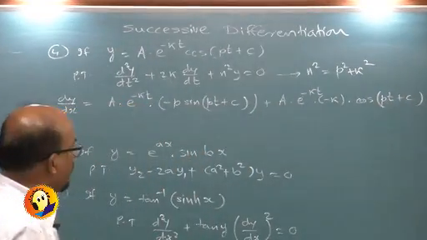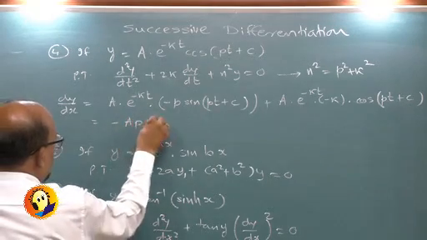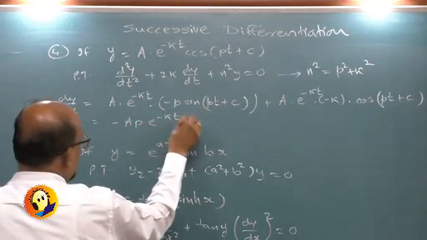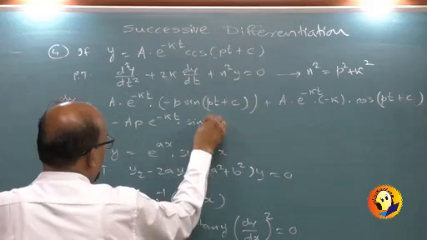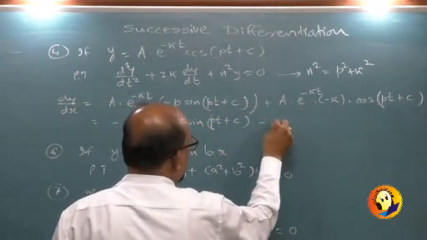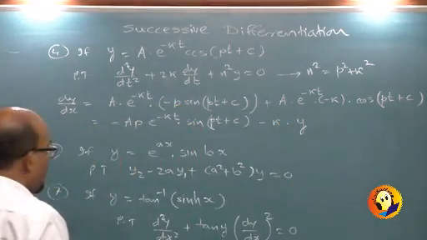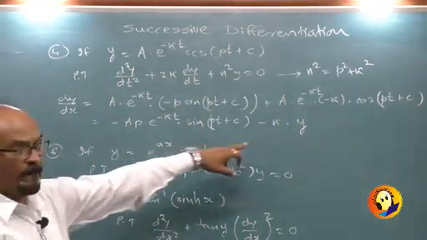And so we write it as minus ap e raised to minus kt sine of pt plus c minus k into y. Is that okay?